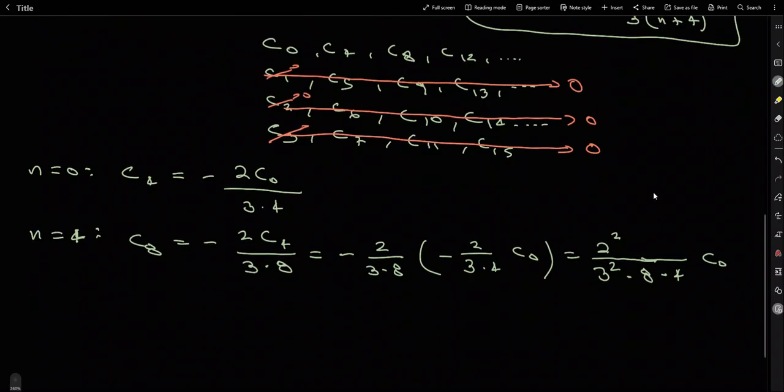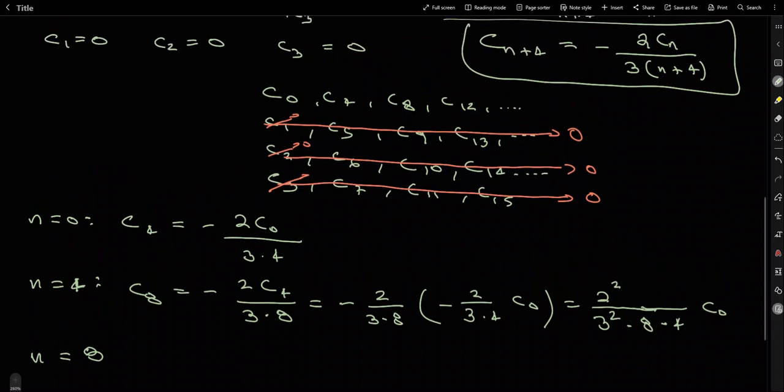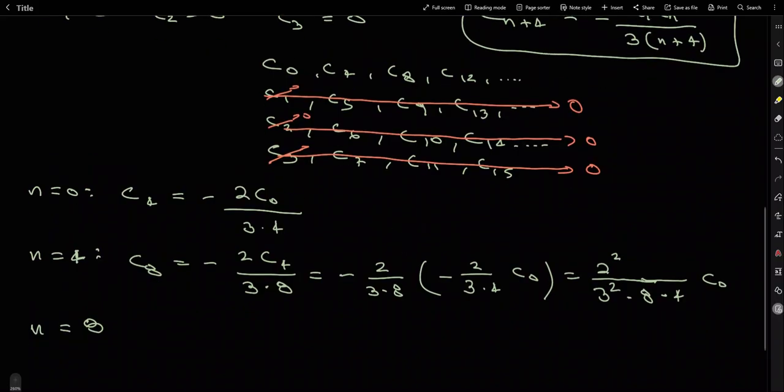Then for the next computation, n equals 8. With the recurrence relation, c sub 8 plus 4 is c sub 12, which equals negative 2 c sub 8 divided by 3 times 8 plus 4, which is 12.